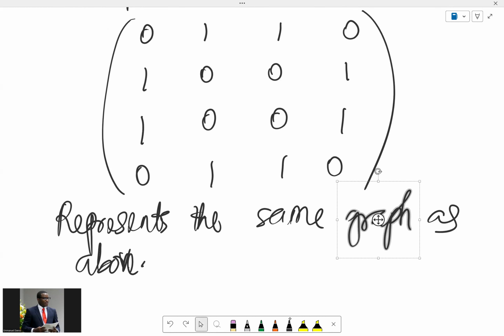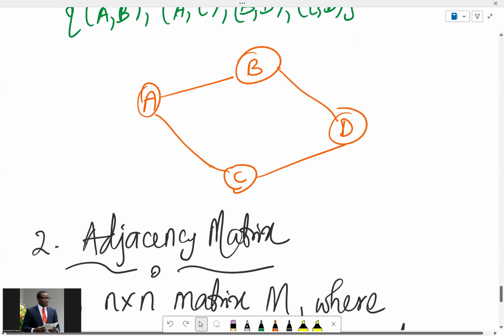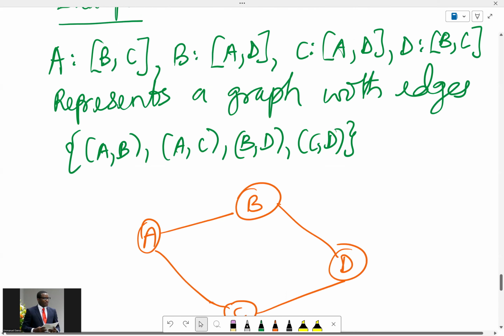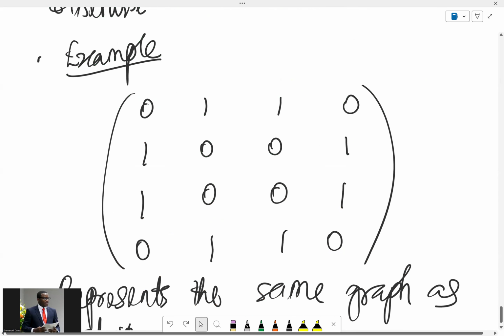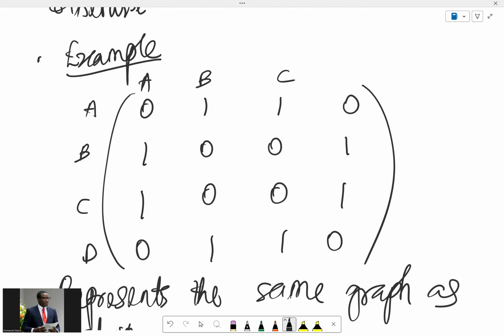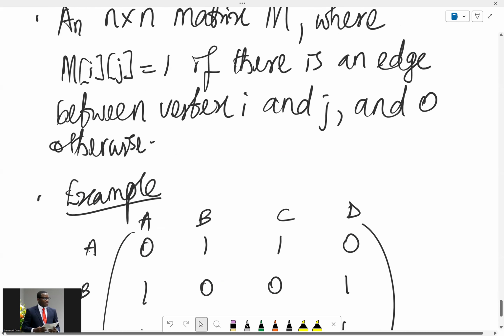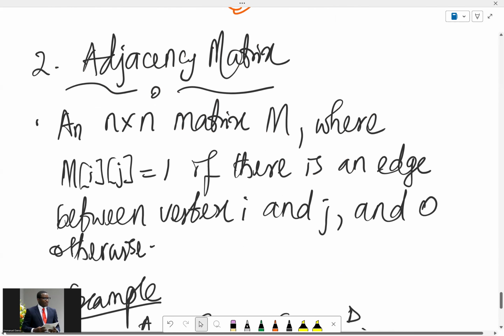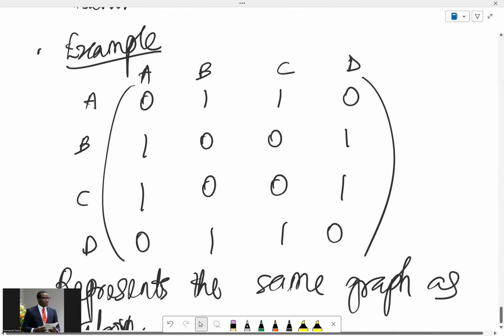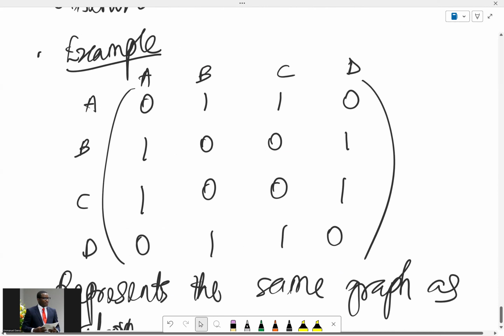So let's look at the connections. This is A, B, C, D, and this is A, B, C, D. A and A will be 0, B and B is 0, C and C is 0, D and D is 0.